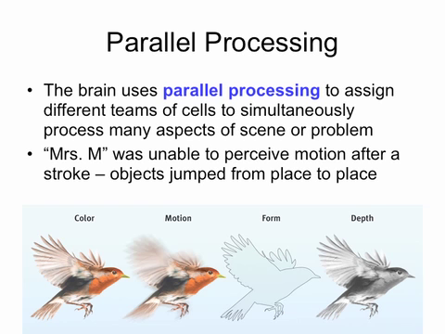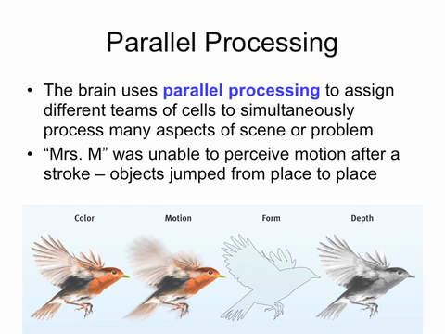The brain is going to use that parallel processing that we talked about in Unit 1 to assign different teams of cells to simultaneously process the many aspects of the scene. For example, looking at a bird flying across the sky, we've got feature detectors looking at the color of that bird, the depth, the motion, and the shape or form. You don't really realize the separate cells doing this because parallel processing means that they're all working in tandem, all working together.